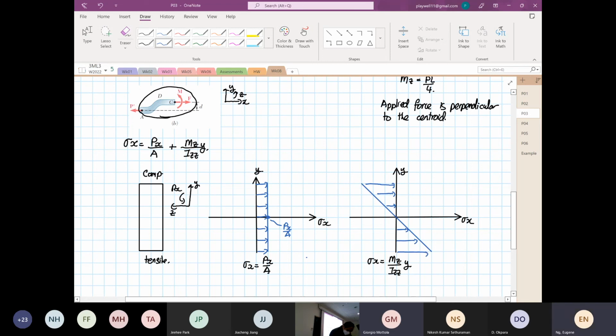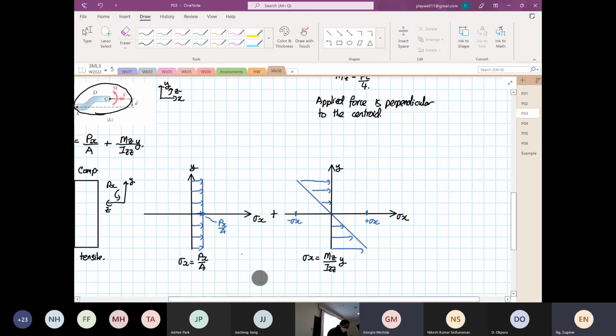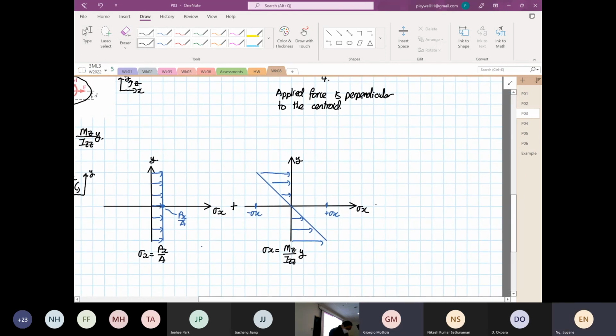This value over here is our positive stress x max, and this is our negative stress x. Now, if we were to add both of them together, how does it look? If you add both of them together, it looks like this.